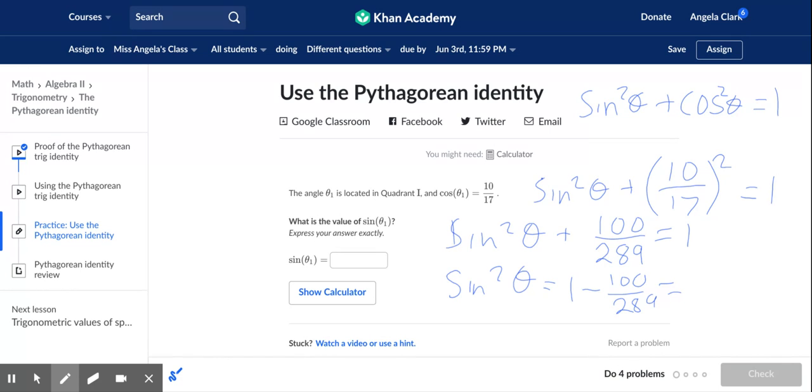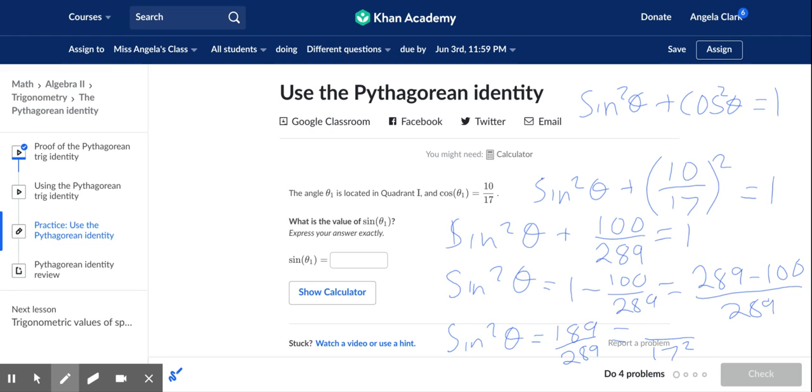Common denominators, that would be 289 minus 100 over 289. So sine squared theta equals 189 over 289. 289 is still 17 squared. So the denominator is 17 squared.